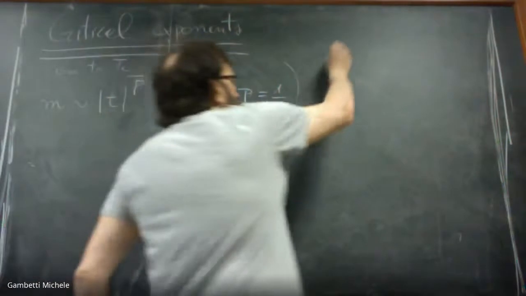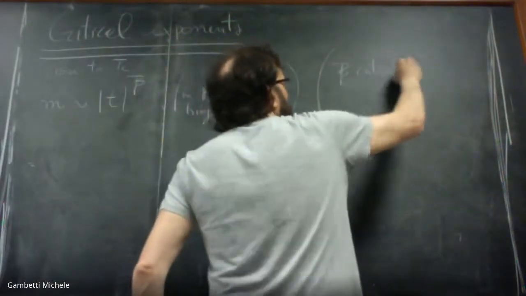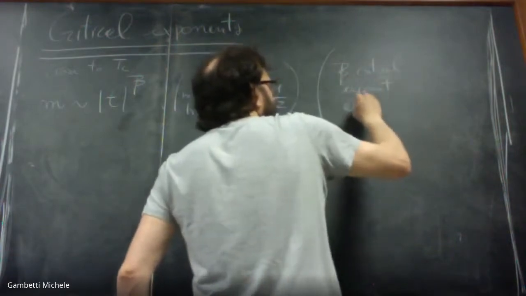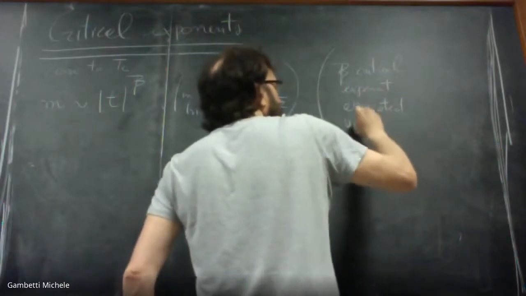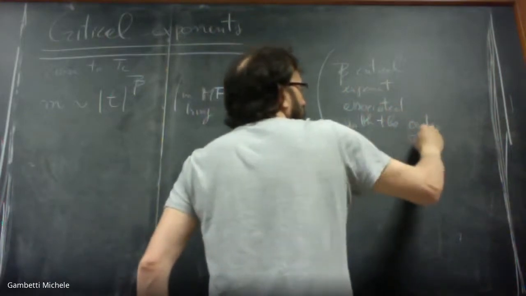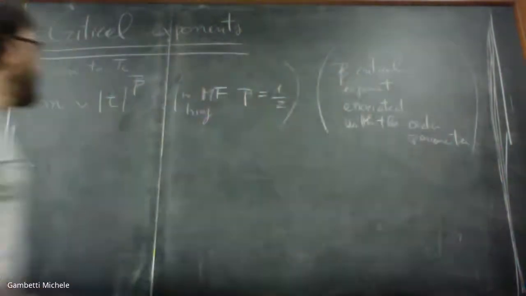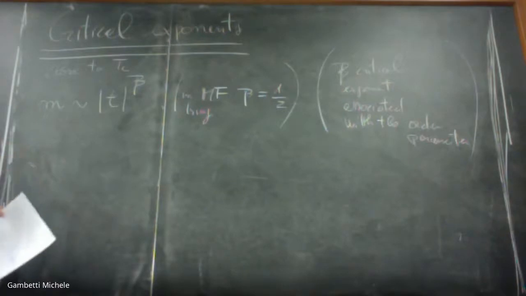Beta is the critical exponent associated with the order parameter, and we have computed that this is 1/2. Here I remind you that it was the deviation from TC.